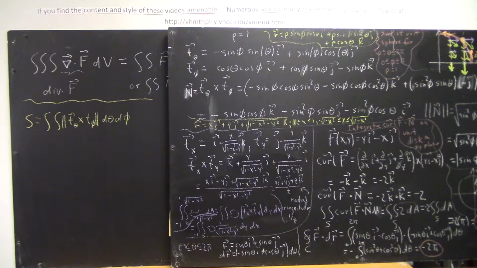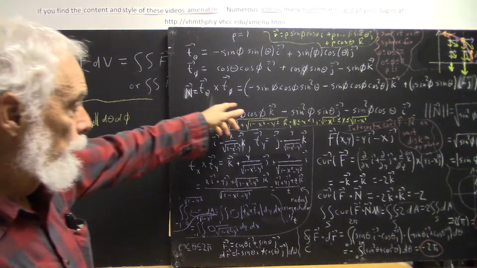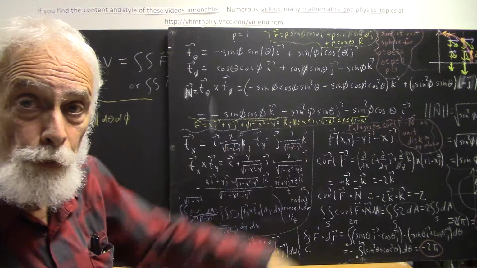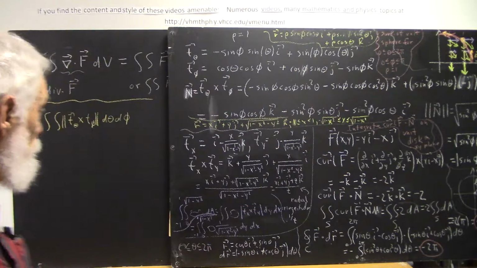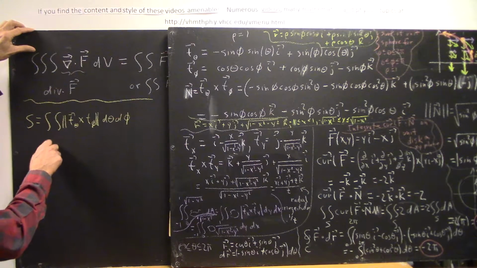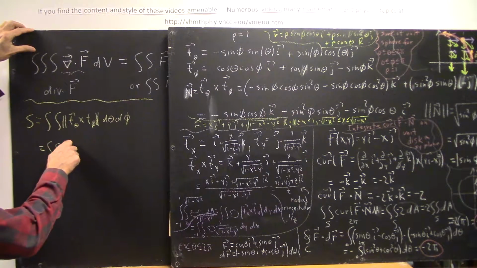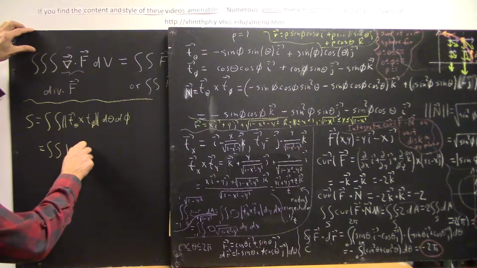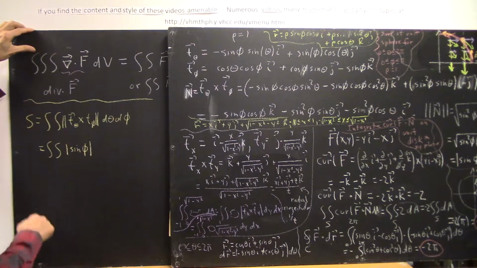And we calculated the magnitude of T_theta cross T_phi, called the magnitude of the normal vector, and we got the magnitude of the normal vector to be the magnitude of sine phi.